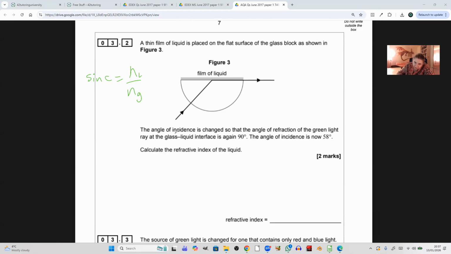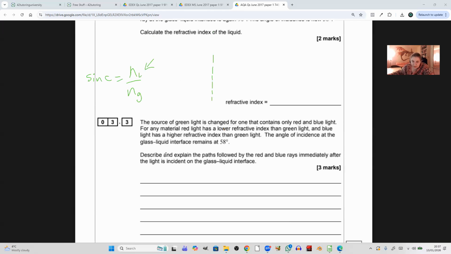Okay, so we've got the angle of incidence is changed so that the angle of refraction of the green light is again 90. So we've now got a new critical angle, and we've got to calculate the refractive index of the liquid there. Okay, so we do that.